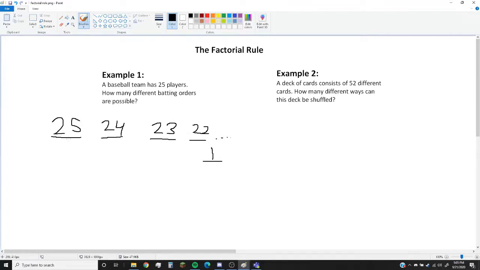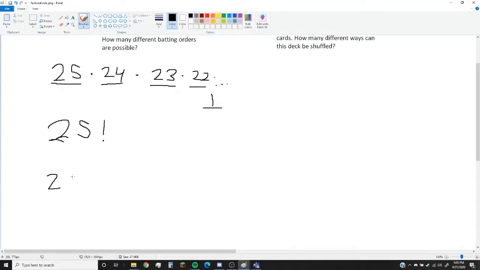You might recognize this kind of pattern because remember, with the counting rule, we're multiplying all of these numbers together. This is actually going to be a factorial. So 25 factorial. Remember, factorial is just all of the numbers starting from the initial number, 25, multiplied down over and over again. So we've got 25, 24, 23, and so on, all the way down to 1.